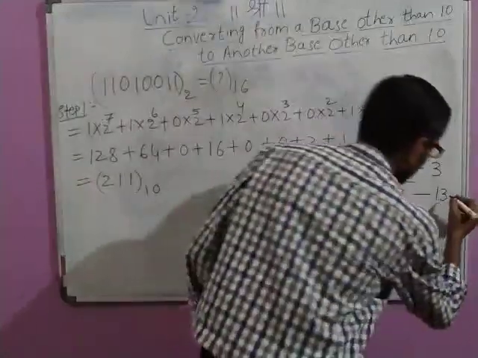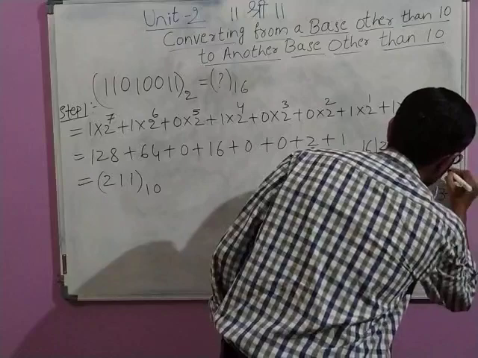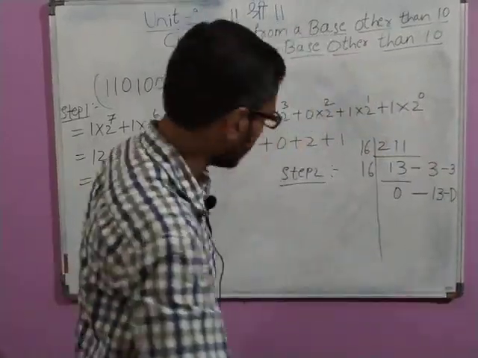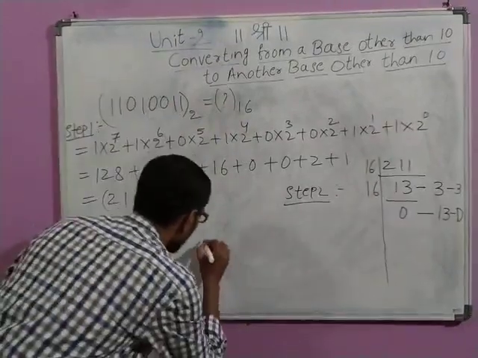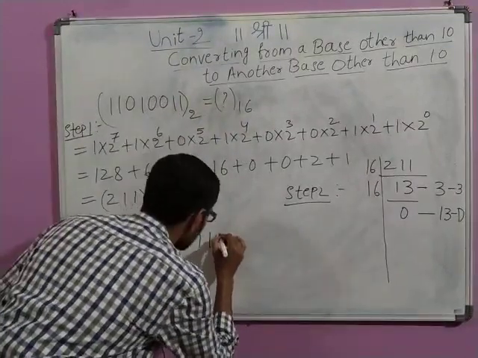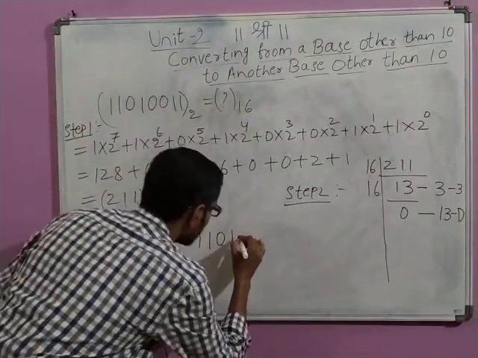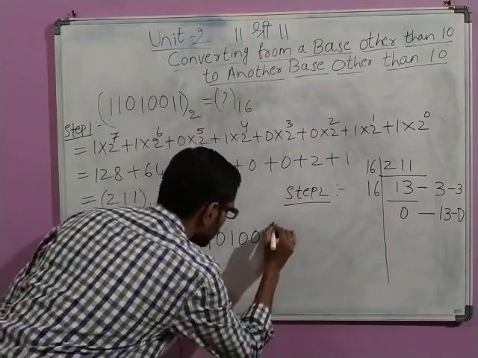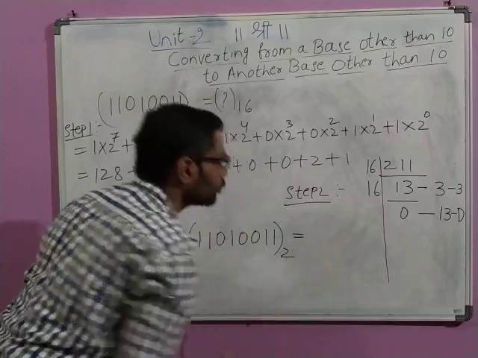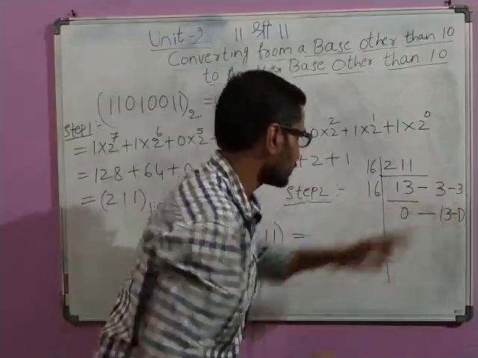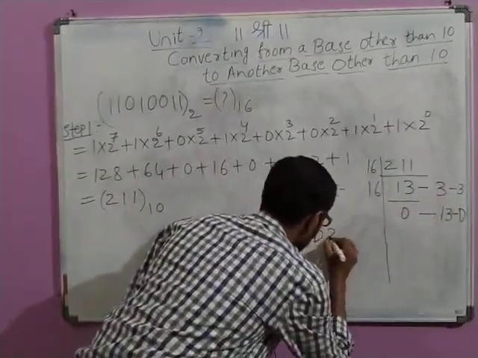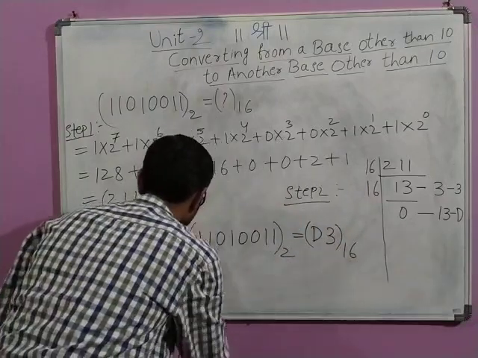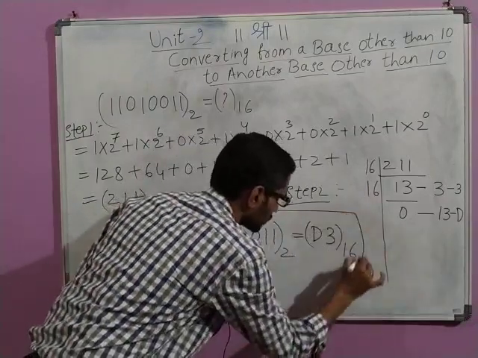So this is equivalent to D, and this will be 3 as it is. So my final answer for this question will be 11010011 base 2 is equal to D3, D3 to the base 16.